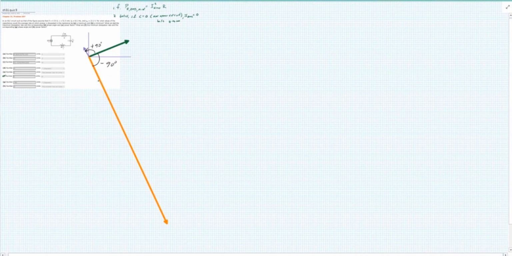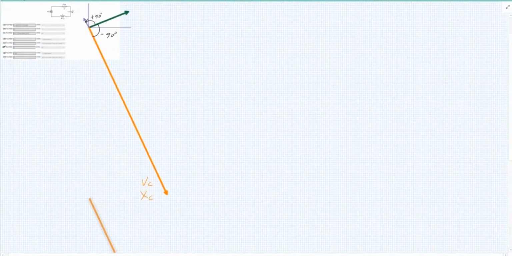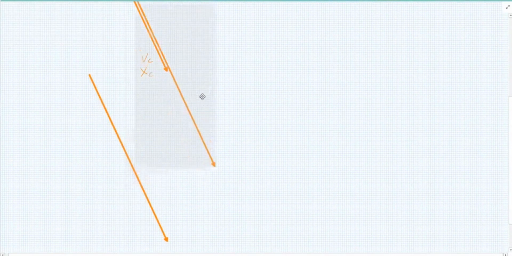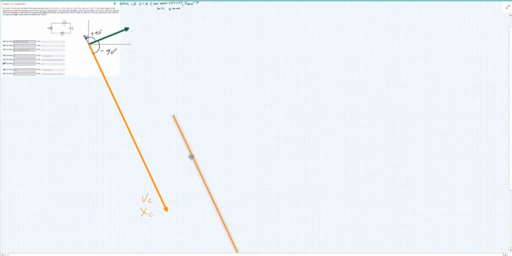All right, so if the capacitance equals 0, the capacitive reactance, which is this voltage drop across my capacitor, is infinitely long. I'm going to copy and paste this, and do my vector operation as usual. Move this in position. Tail to head.